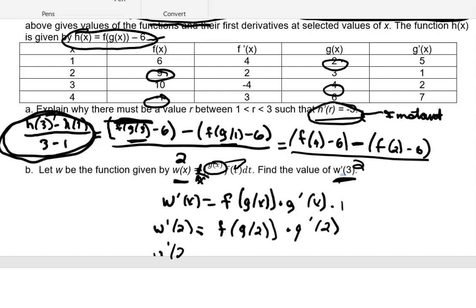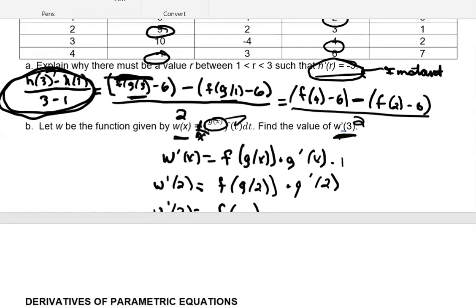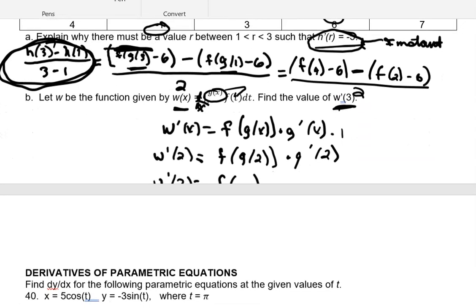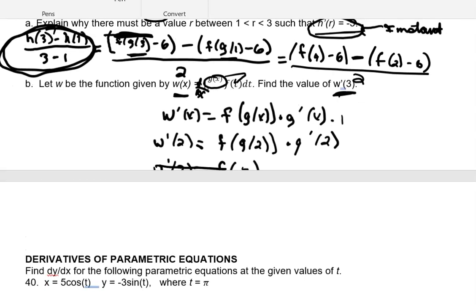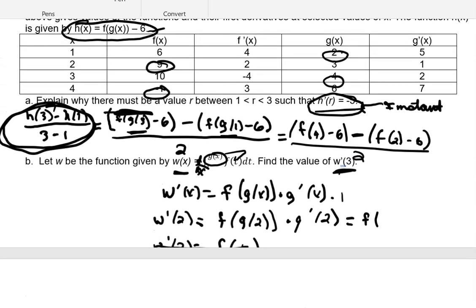So w primed of 2 would then be f of g of 2 is 3. Uh-oh, what happened there? I don't know what's going on. Let me do this over here. So this would be f of g of 2. Just what, 3? G primed of 2 is 1.